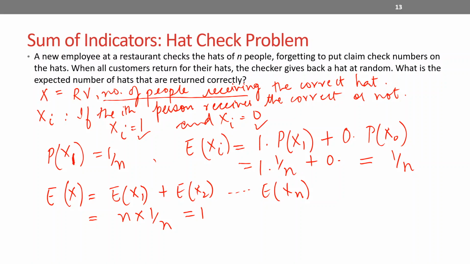More importantly, in this problem we can see that this is independent of the number of people who have checked in their hats, because we are getting E[X] equals 1, independent of n. So we don't care how many people walked in. It's just that one person is going to receive the correct hat.